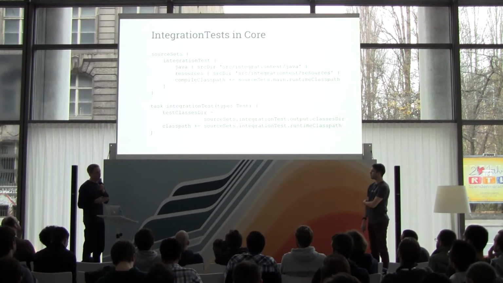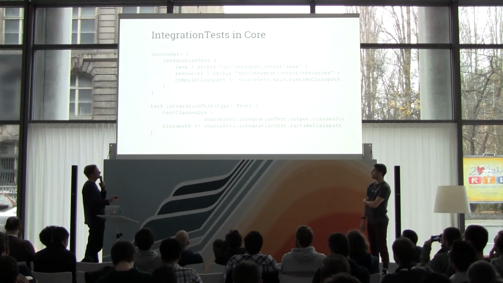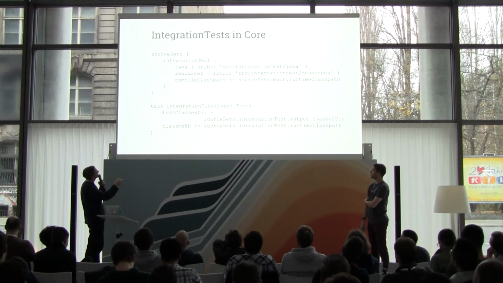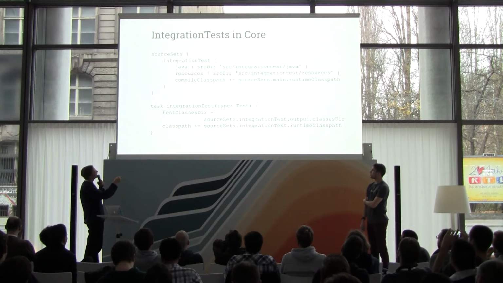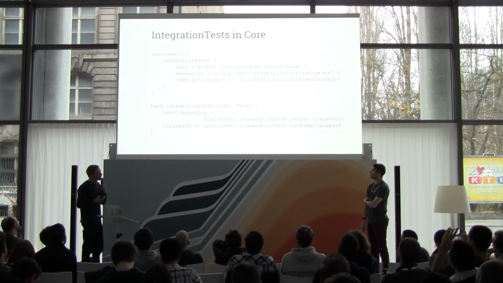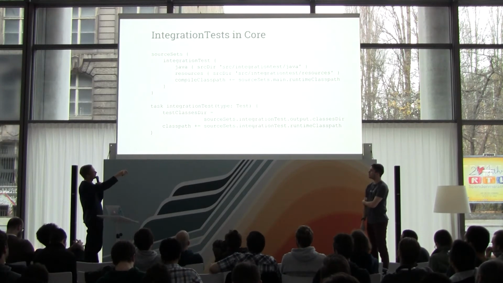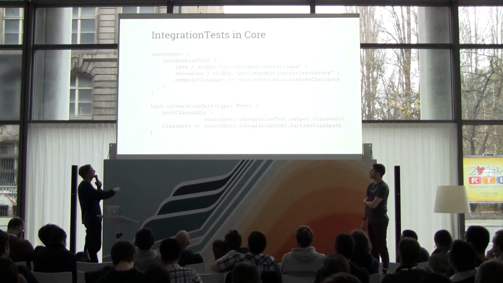Then we define where to find the sources and resources, what the classes should be, and then we also need a task to execute these specific tests. It's also just a simple configuration of a predefined Gradle task of type test.